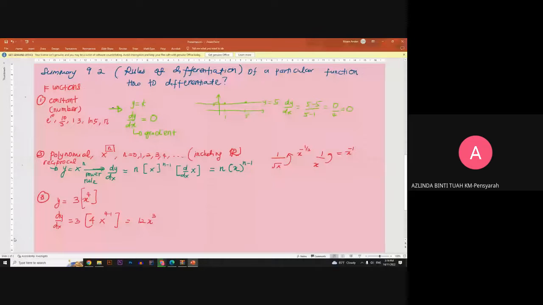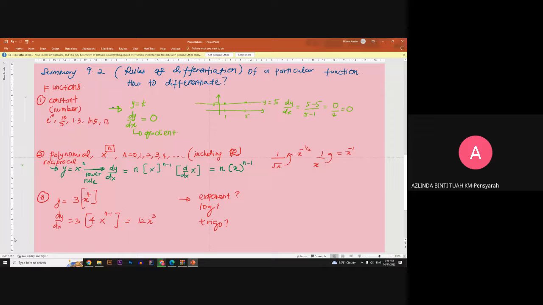Okay. So kena tahu dulu individually function tu macam mana nak differentiate. Okay, nanti kita akan fokus kepada exponent, log dan trigo.